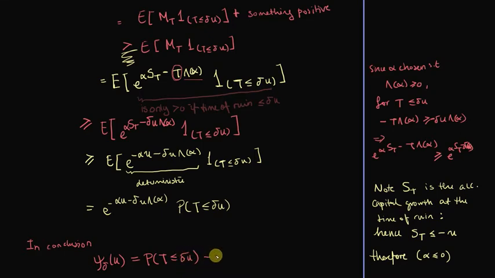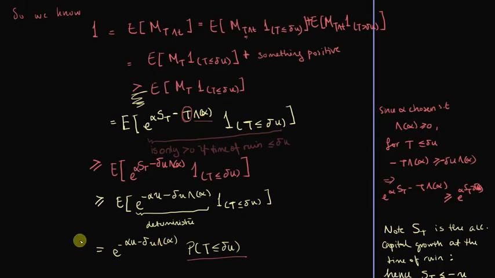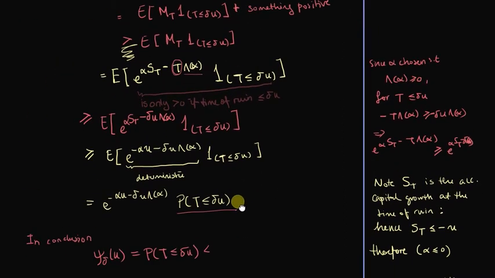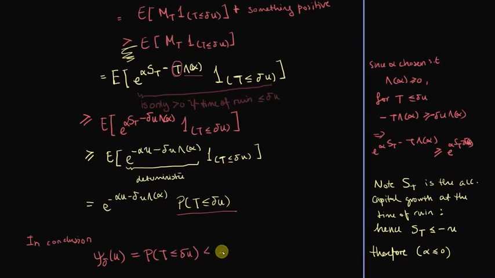And this probability is something that we have just derived a bound for, because you have the probability here, and if you multiply the exponential expression over on the other side, then you have e to the minus u, and what you then have on the inside is minus alpha minus delta multiplied by the cumulant generating function.